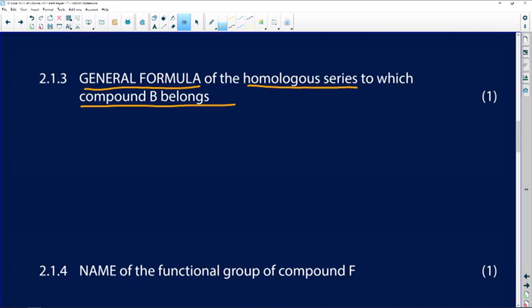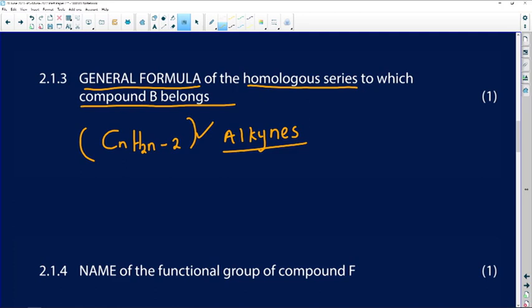This is going to be CnH2n minus 2, the general formula for alkynes. So the first thing you must do here is identify whether you have an alkane, alkene, or alkyne. It will be easier for you to write your general formula. So this is the general formula of the alkynes.